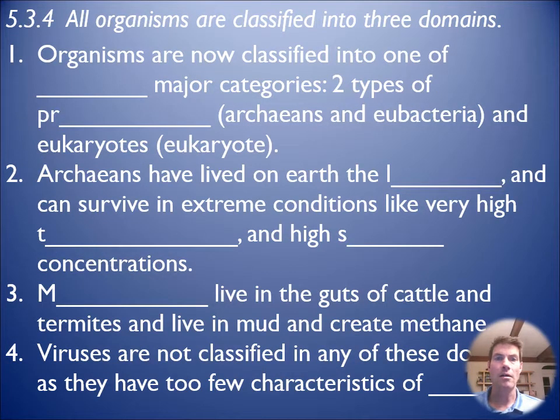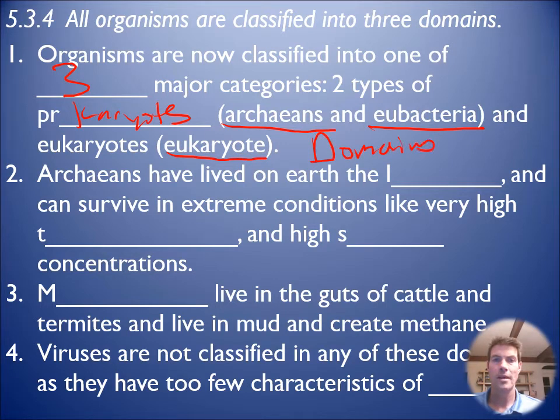And there are now 3 major categories: 2 types of prokaryotes and one eukaryote. So archaeans, eubacteria, and eukarya, and those are called domains. And these archaeans have been living the longest because they live in extreme conditions, so very high temperature, like Earth had at the outset of its existence, and high salt concentrations.